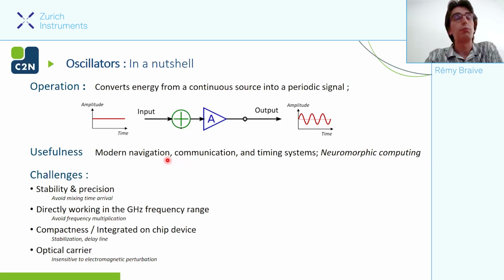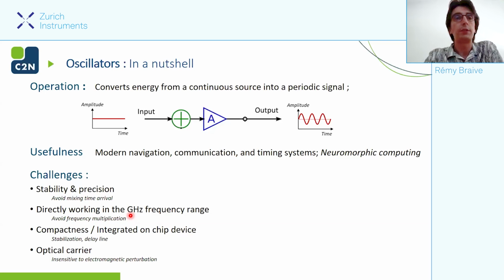But if we look at the first three applications that can be used for oscillators, we can state a few challenges. Among them, of course, the stability and the precision of the periodic signals that you can create is really important, for example, to avoid mixing time arrival in some communication. The idea also is to work as much as possible at really high frequency, and gigahertz frequencies are kind of mandatory in order to avoid frequency multiplication.